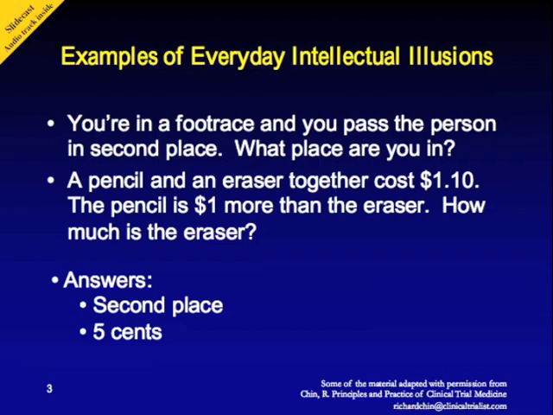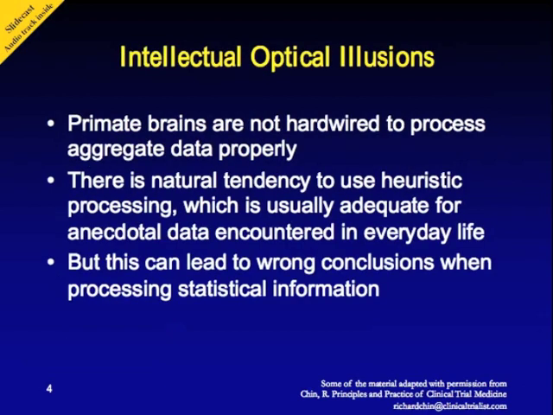works. And the reason is that primate brains have evolved to process everyday data, anecdotal data, and it's quite good at that. And the brain tends to take mental shortcuts called heuristics, and that's fine in 90% of the cases, although as I've just shown you, it can be wrong even in everyday life.